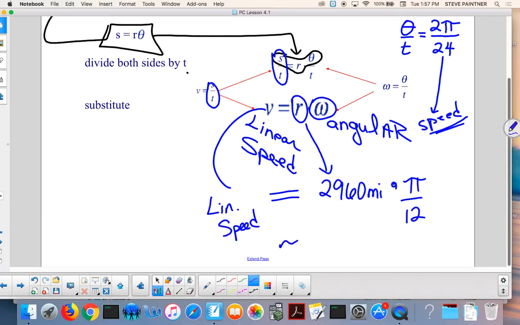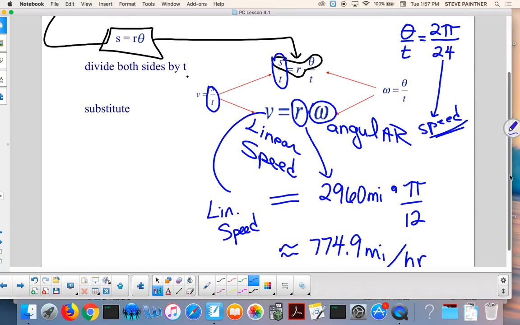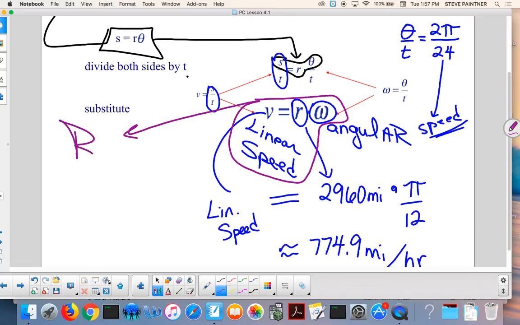All I'm trying to tell you is this replaces the old formula you did on the previous slide. If you want to write yourself a note, this replaces linear speed equals S over T. You don't have to do this if you know R and angular speed.